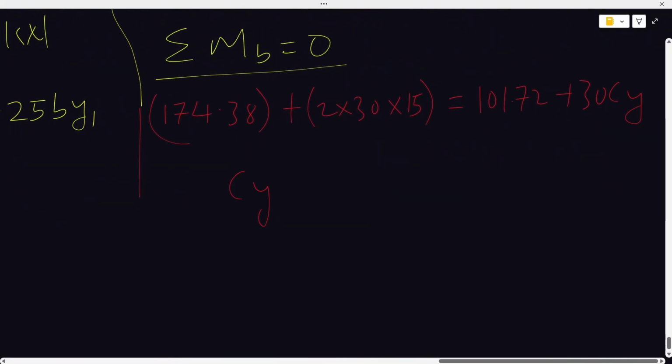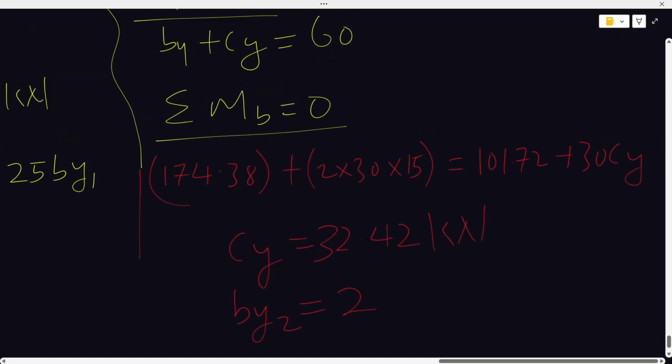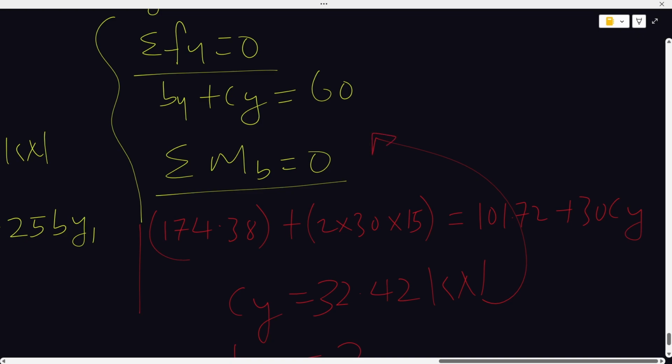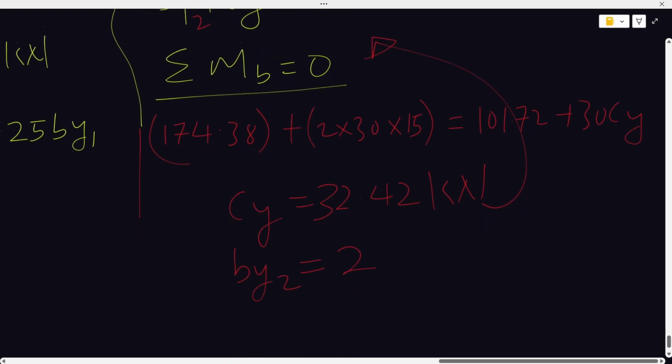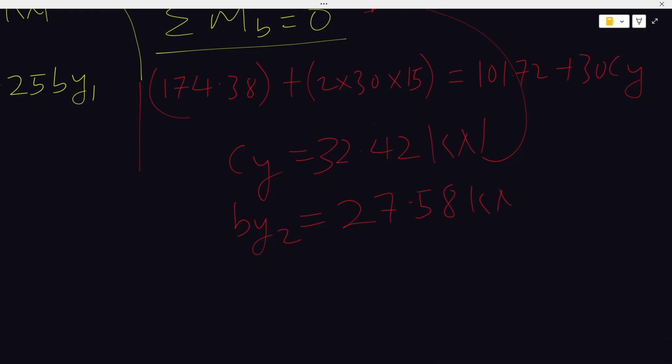So Cy from this would be 32.42 kilonewton. By2 will be, when you substitute it here, 27.58 kilonewtons.